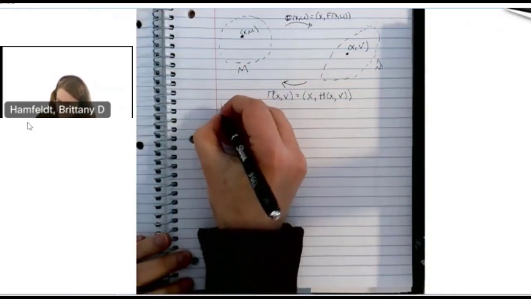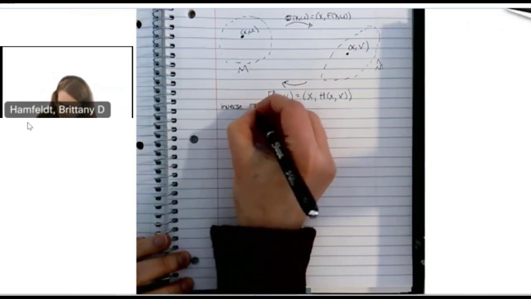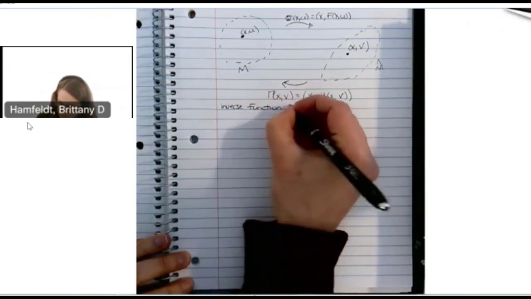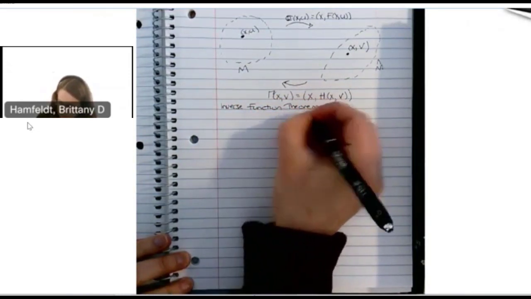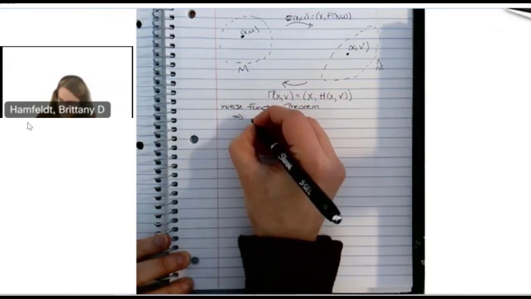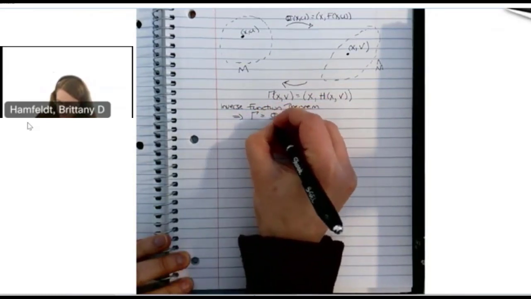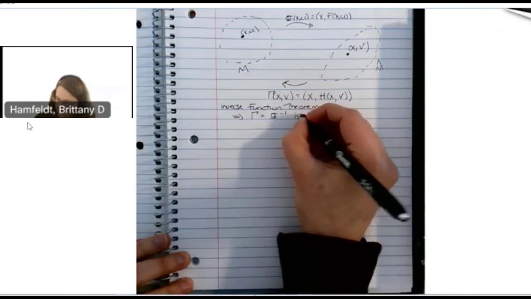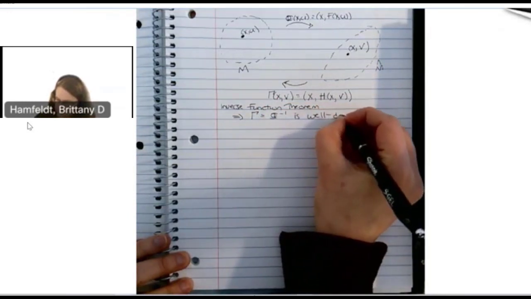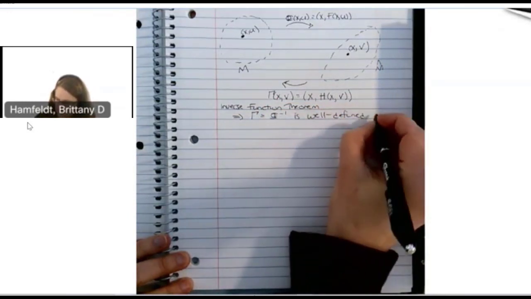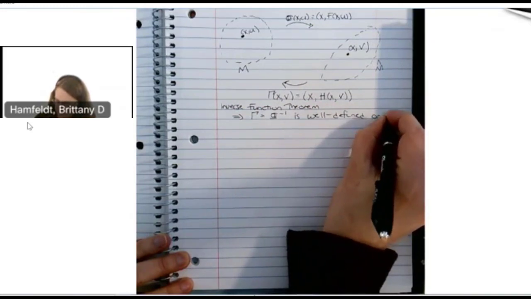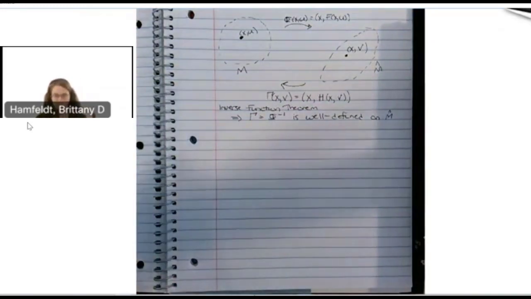The inverse function theorem tells us that this inverse function is well defined on M hat, for some open neighborhood of our reference point.